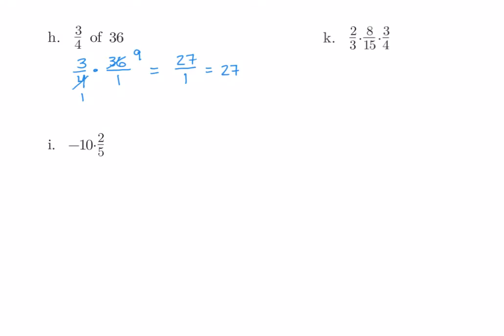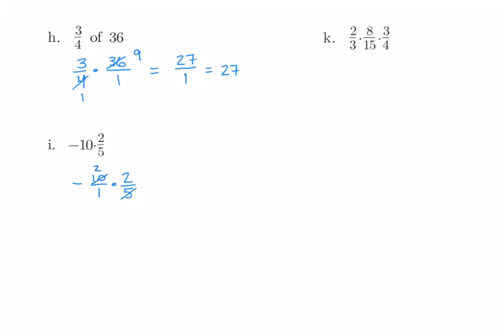All right, let's try one more. Let's look at example I. The first thing that I want to do is write 10 as 10 over 1. We'll bring down our times 2/5. If we go ahead and cancel common factors, 10 and 5 are both divisible by 5.